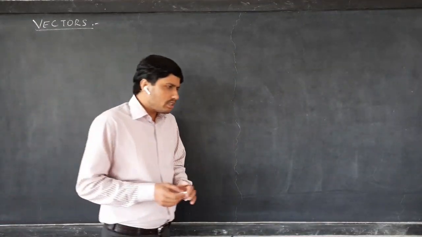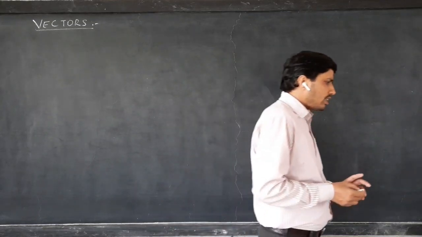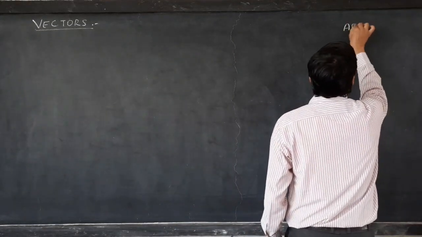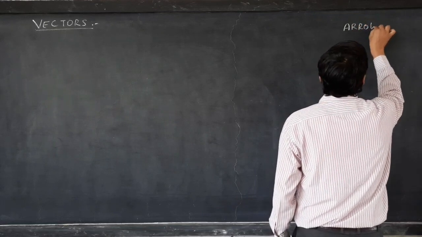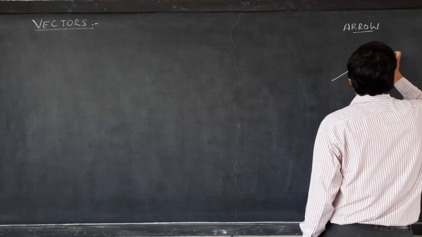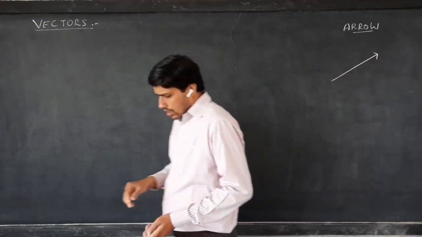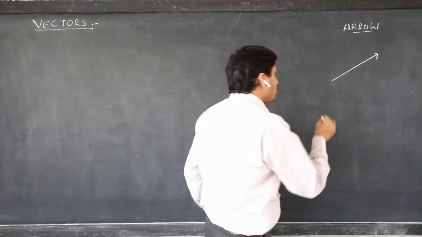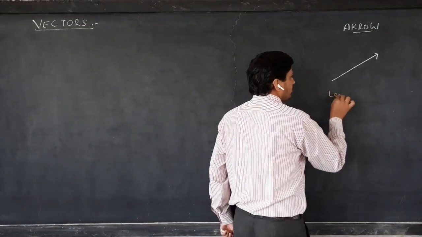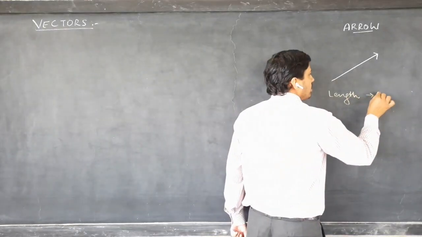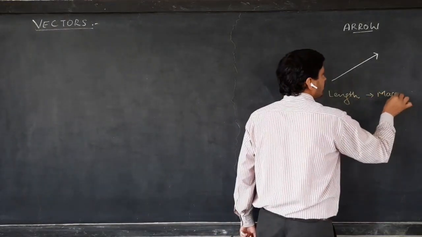Now, vectors geometrically I can call it to be an arrow. What is a vector? Vector is an arrow, like so. And the length of that arrow gives magnitude.